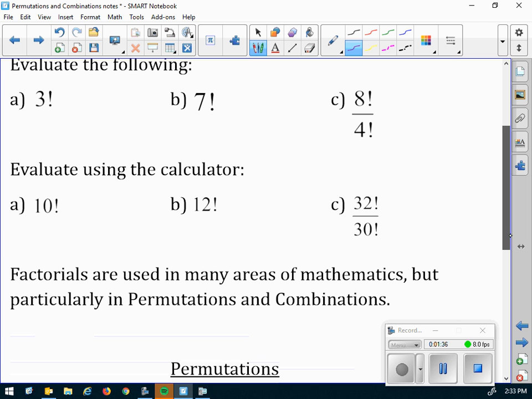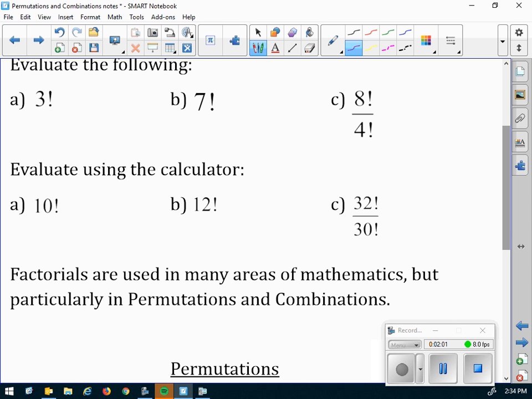Now, when you do factorials, especially bigger ones, I want you to think about how could I multiply numbers together easily. Let's look at 3 factorial.